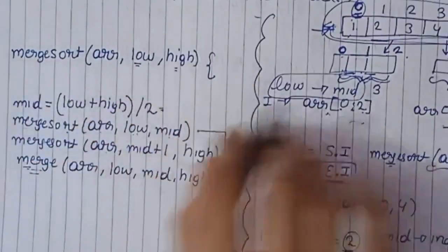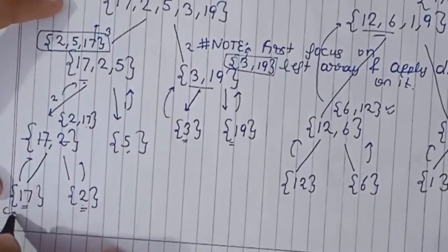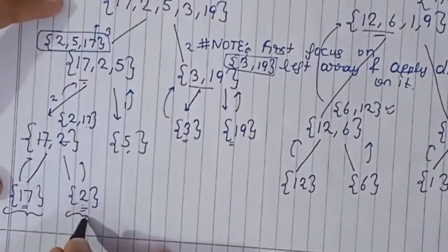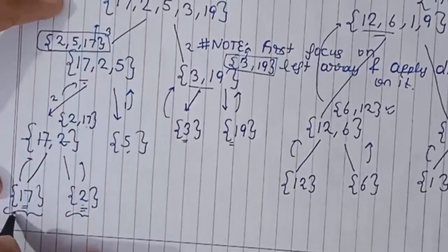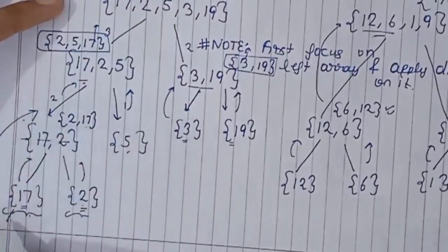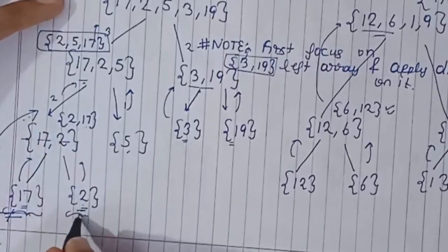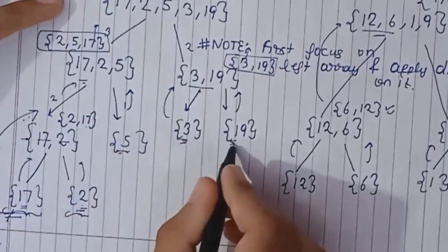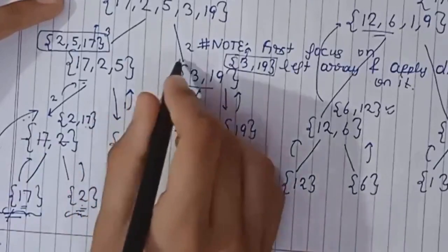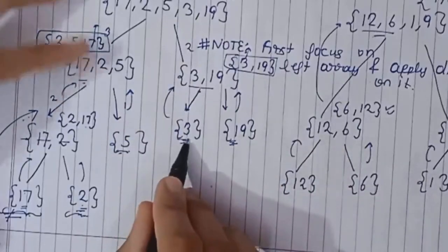Here the base condition comes whenever you get a single element array, because then you can't divide it anymore and you need to backtrack, go back and merge. You can't go further. You can see that whenever we got single element arrays, we did not go further and we backtracked. So there is backtracking whenever you get a single element array. This is our base condition.